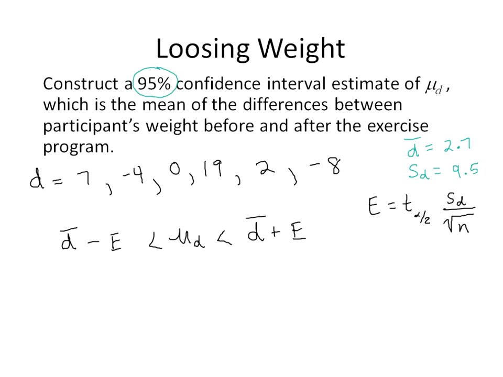All right, so it says a 95% confidence interval, and that's what's going to allow me to find out what my t-critical value is. All right, so remember what table you're going to go to find your t-critical value.